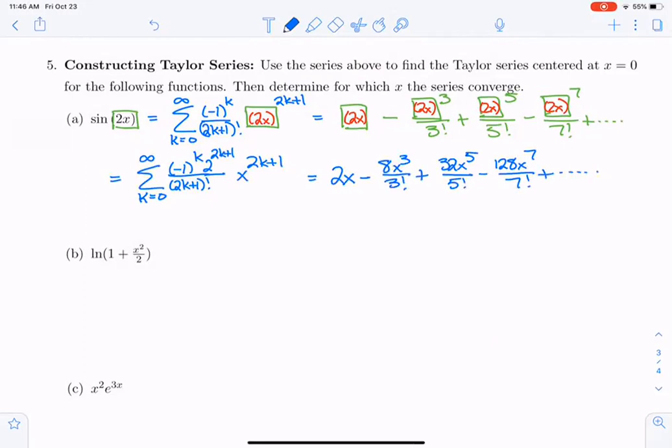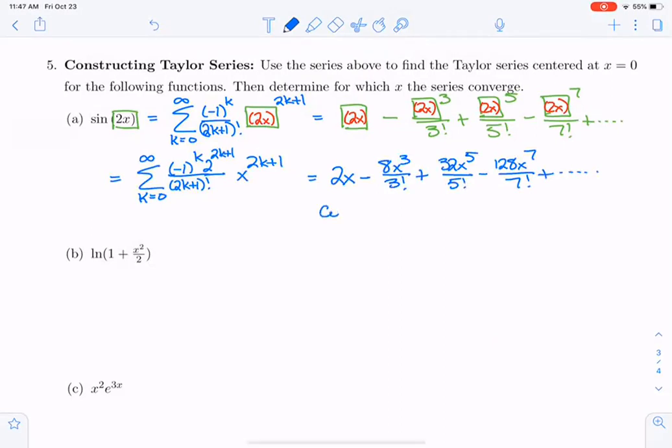And so now we have the series for sine of 2x, just by using the series for sine of x. So I didn't have to find derivatives again. I didn't have to do any of that. I could find the series for sine of 2x just by using the series for sine of x.